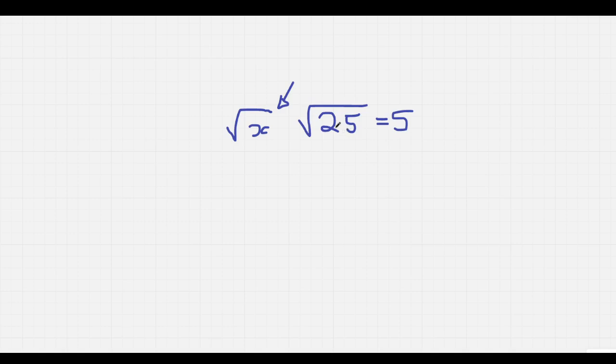In this case, I want to look at this more in terms of my final answer. So I'm going to factorize this in terms of prime factors. If I factorize 25 in terms of prime factors, that becomes 5 squared, which equals 5.